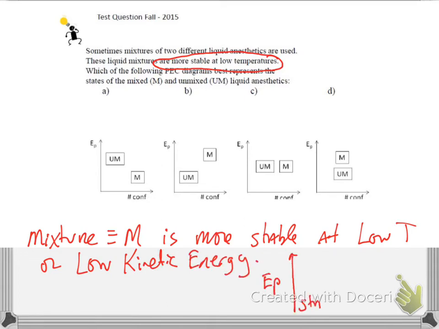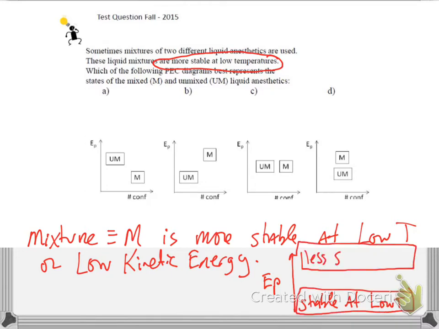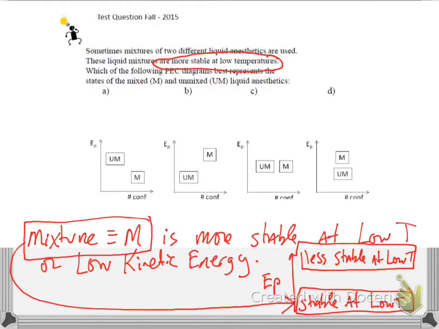That means when we're looking at the Peck diagram, we see 2 different regions based on the y-axis. The substance that is most stable at low temperature will be on the bottom, and the substance that is less stable at low temperatures will be on the top. So M, the most stable at low temperature, has to be on the bottom.